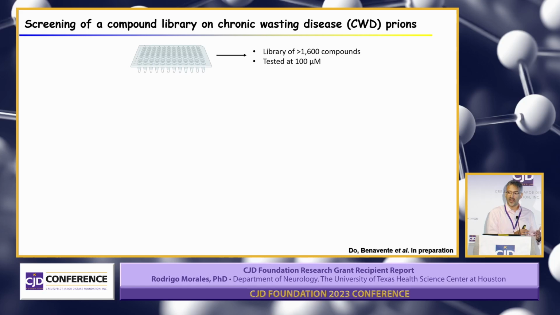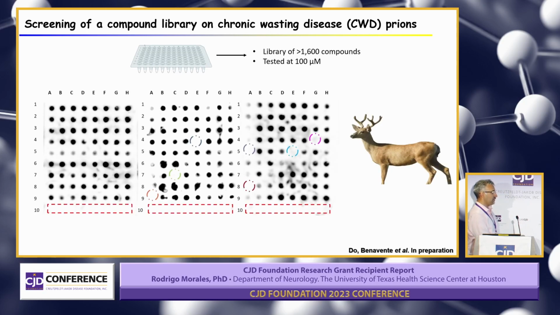It's the most relevant animal prion disease in North America, and also as a proof of principle to test whether for animals and humans there are also differences in the compounds that are active. At present, over 800 compounds have been tested for CWD, for a single strain of CWD, and 24 hits have been identified. We expect to reduce that as we decrease the concentration of compounds on the hits.